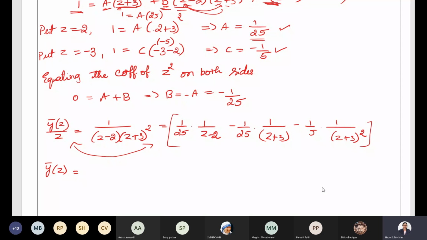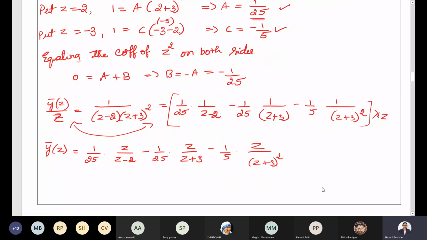To this entire expression we multiply by Z in order to get Y bar of Z, because this was Y bar of Z divided by Z. So when you multiply by Z, what do we get? 1 by 25 into Z divided by Z minus 2, minus 1 by 25 into Z by Z plus 3, minus 1 by 5 into Z by Z plus 3 the whole square. You multiply by Z everywhere.